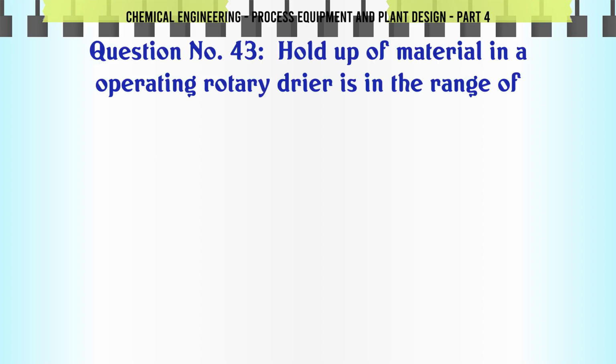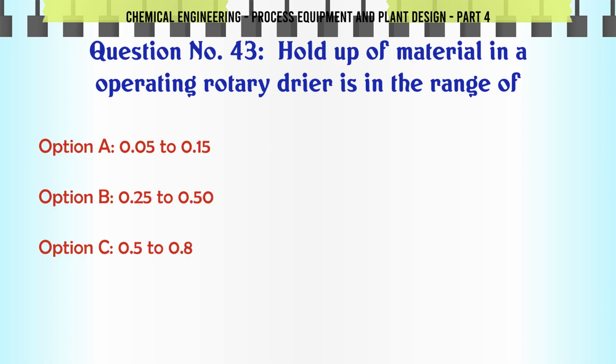Hold up of material in an operating rotary dryer is in the range of a. 0.05 to 0.15, b. 0.25 to 0.50, c. 0.5 to 0.8, d. 0.8 to 0.9.